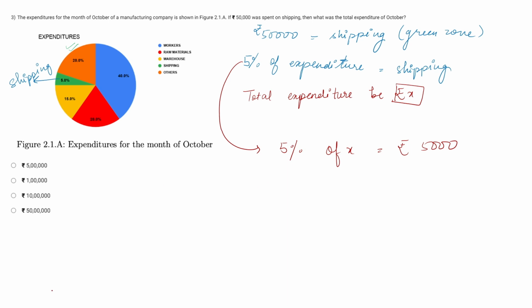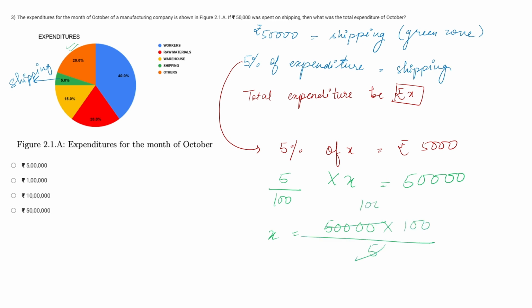This will be 5 upon 100 into X is equal to 50,000. So X is equal to 50,000 into 100 upon 5. This will be 10,000 and this will lead to 10 lakh rupees in total. So its answer will be C.